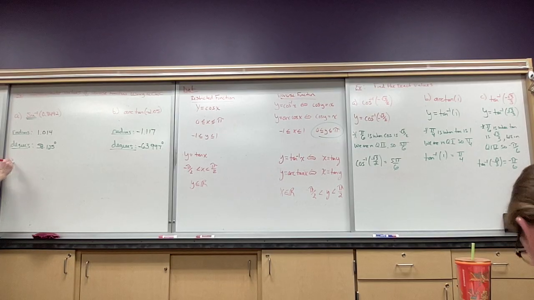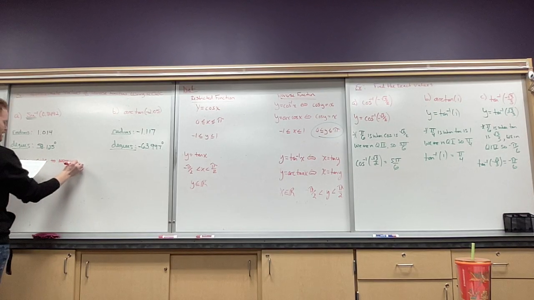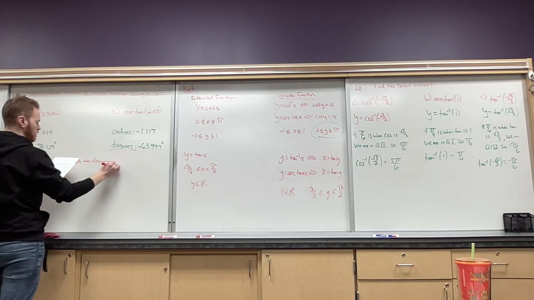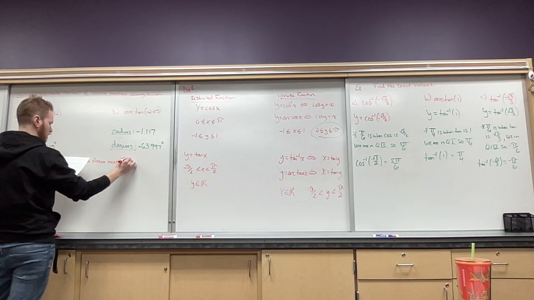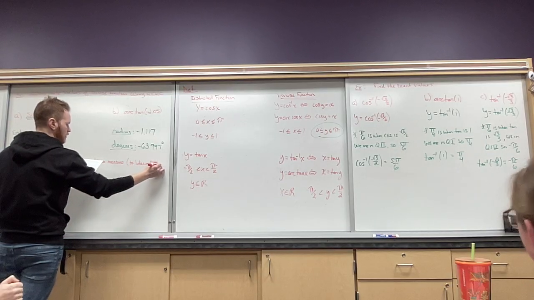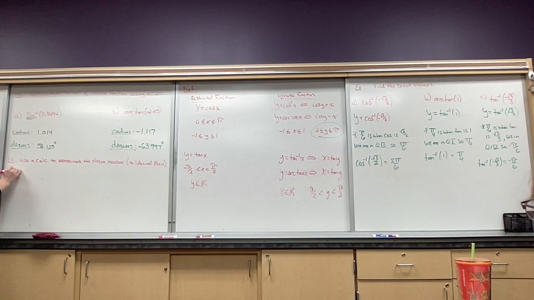So for this example, again, we're going to use a calculator to approximate the degree measure, and we'll do it to 1 decimal place. So I will give us some direction there. Or radian measure, we'll do both, so we get practice with it.